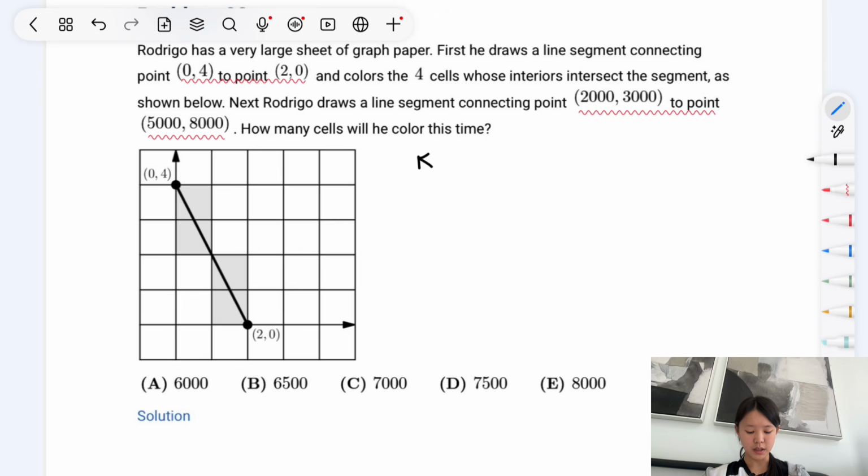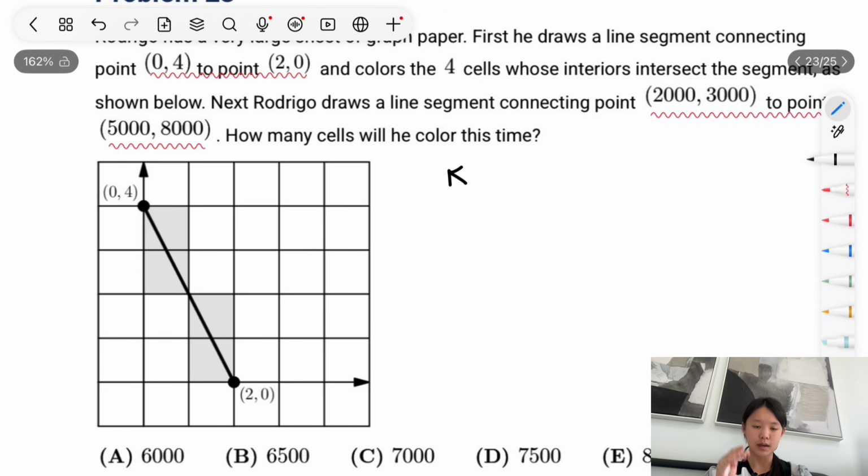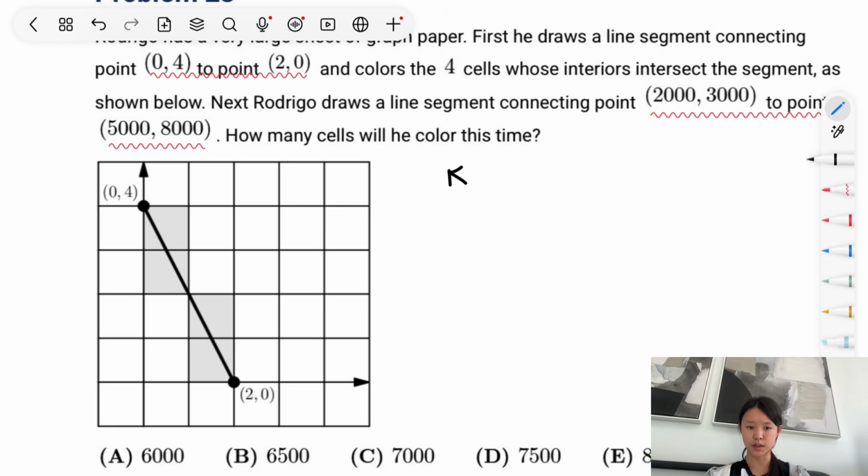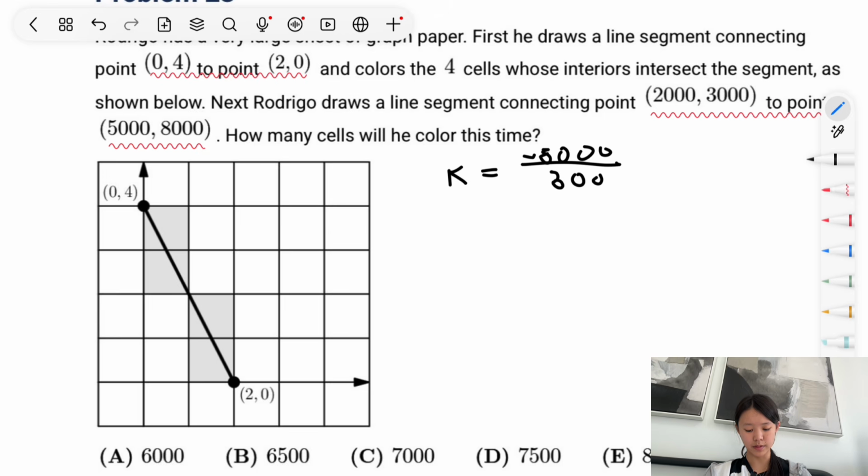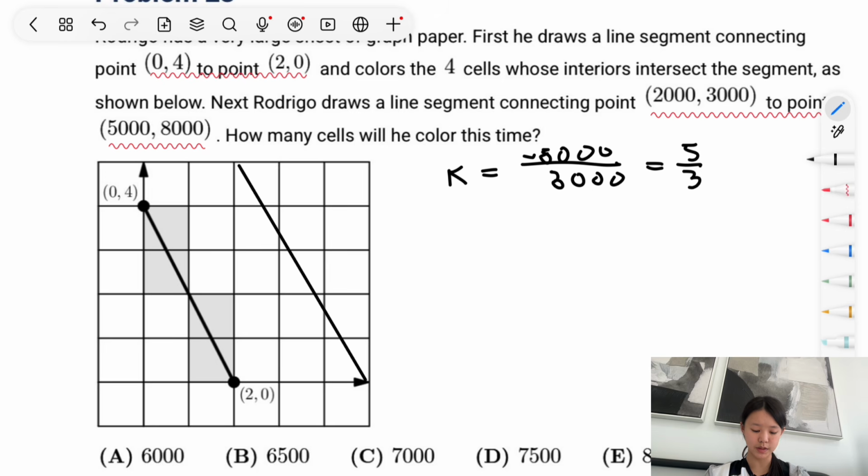So basically we want to calculate first the slope of this, and then we can find out how, within a smaller region of that slope, how much it would cut through. So the slope here is basically 5000 divided by 3000, which is 5 over 3. And so we can take this area here and draw a small region of that slope.